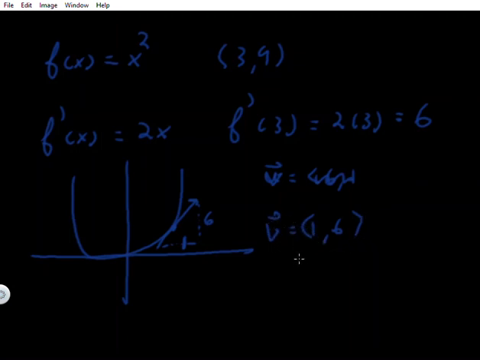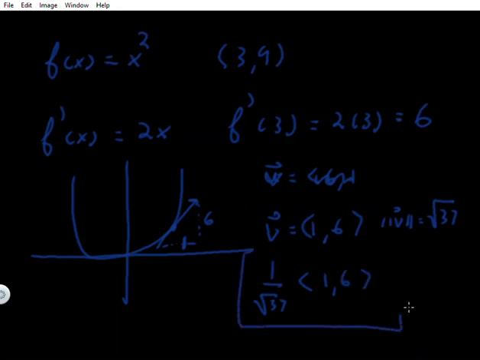So I'd have to find the magnitude of v, which is the square root of 1 plus 36, the square root of 37, which gives 1 over the square root of 37 times (1, 6). And you can put this into a graphing software, and this would be a unit vector that is tangent to the graph of x squared at the point (3, 9).